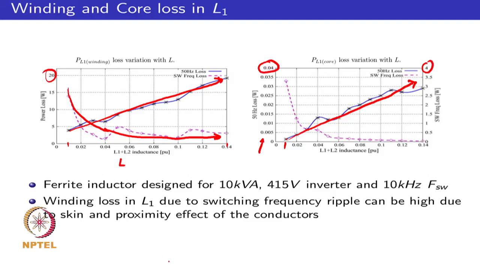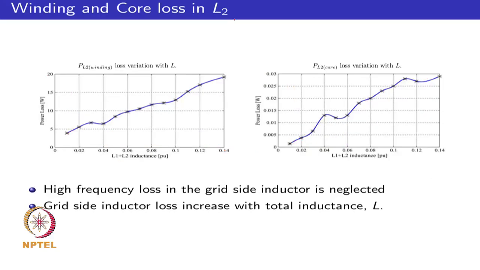So this is for loss in inductor L1. You could then do a similar analysis for inductor L2. If you look at the inductor L2, we know that the ripple current in the grid that is being specified, Ig ripple at the switching frequency, is 0.003 per unit.